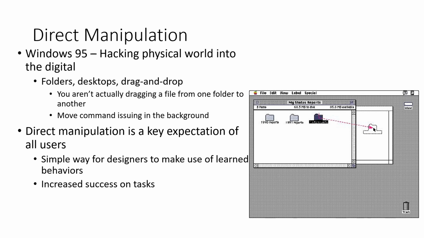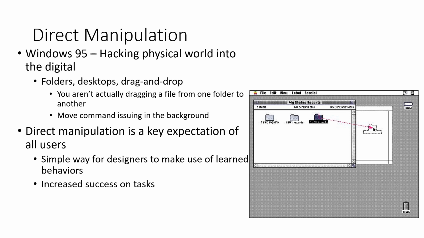So when you drag a folder from one part of your file explorer, from your desktop, let's say, to your documents, you're not actually dragging it. You're telling your computer to execute a move command on the back end. And there was once upon a time where you would have had to type out that move command. But this is one of the ways that they got computers to become more usable for people.